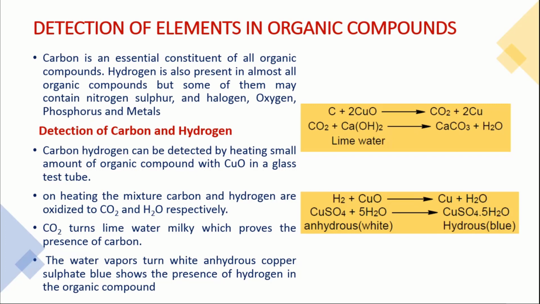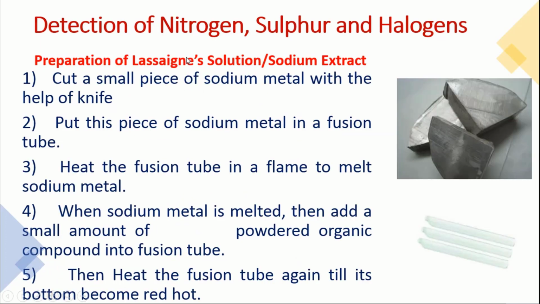Next, this is about the hydrocarbon, and we know that other than carbon and hydrogen, some other elements may also be present. For example, there may be some nitrogen, sulfur and halogens.